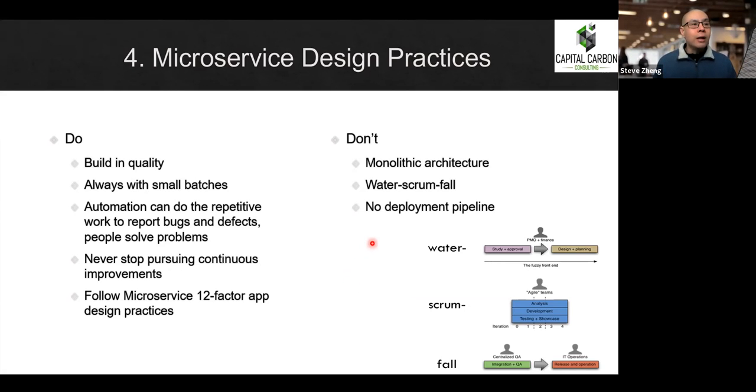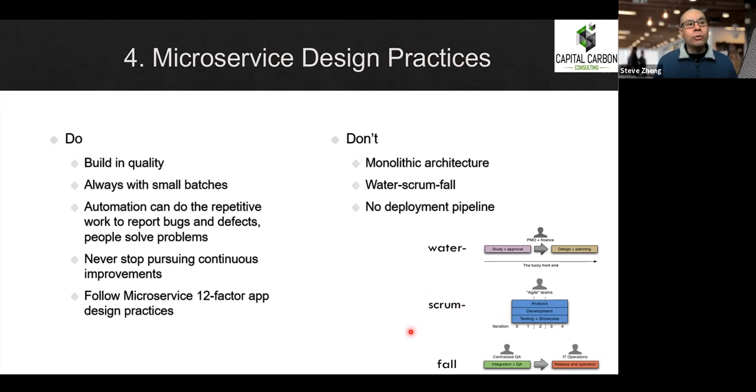The next one is Water-Scrum-Fall. In many companies I consulted in the past 10 years, the managers told me they are running Scrum, but in fact, they are running Water-Scrum-Fall. In the DevOps CDEF course, you will learn the details of Water-Scrum-Fall.